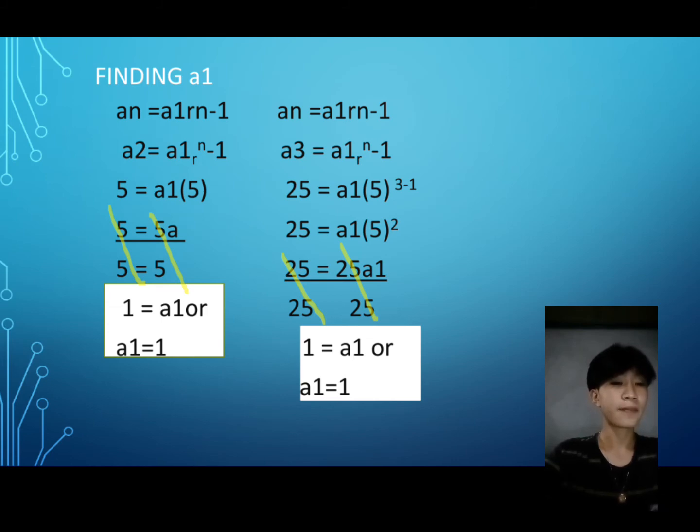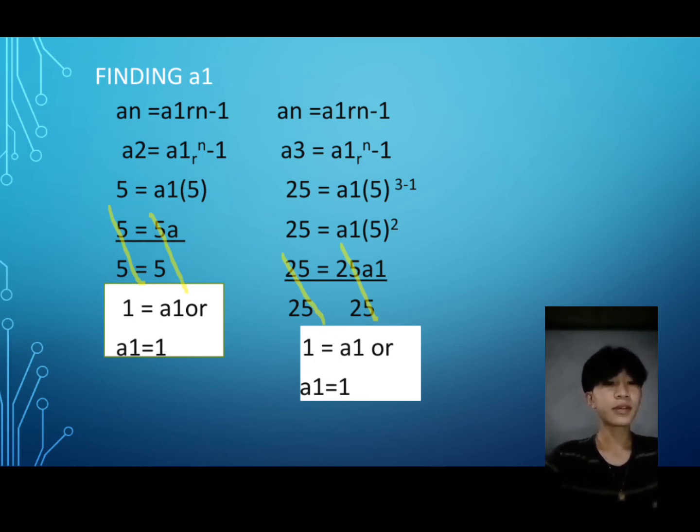And let's check our third term, a sub n equals a sub 1 times r raised to n minus 1. So the value of our third term is 25 equals a sub 1 times 5 raised to 3 minus 1.